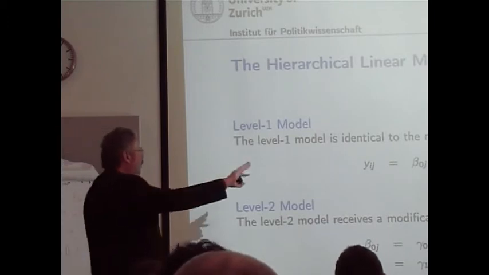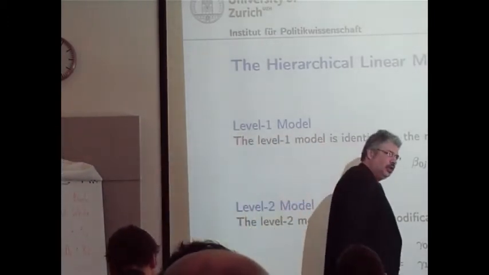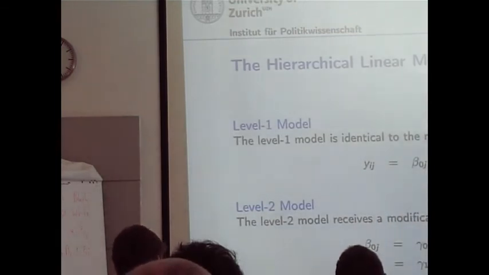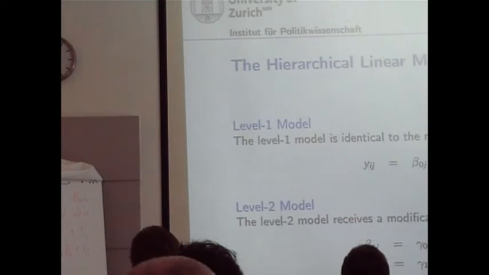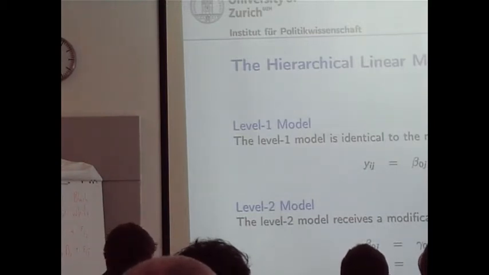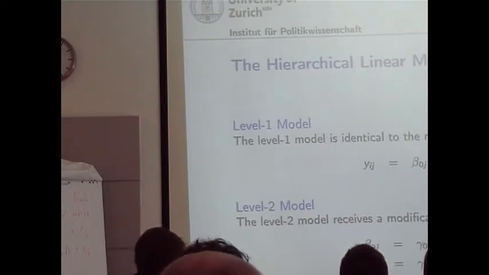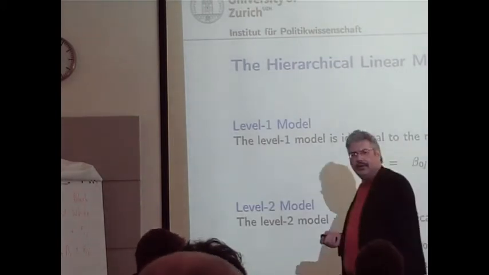The level 1 model we just leave alone. We don't need to do anything there. So the level 1 model is still going to be feelings towards Obama equal to an intercept that can vary across states, plus the effect of race, which can also vary across states, plus a level 1 error term.